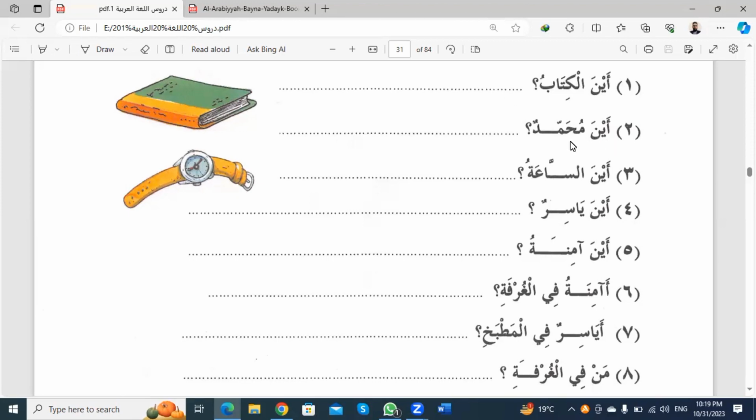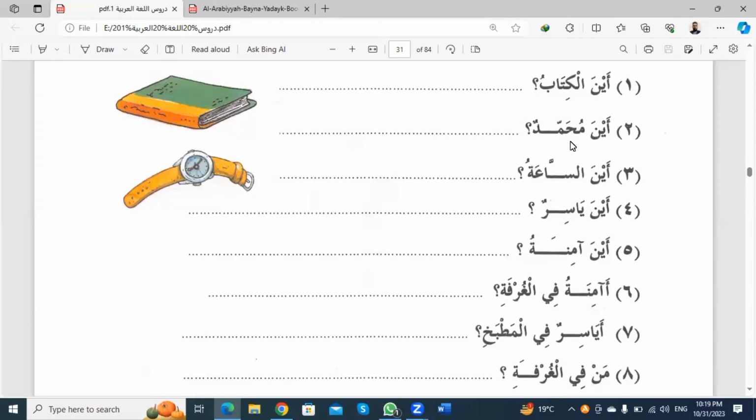أين محمد? Where is Muhammad? Name of anyone. So we can say huwa, he is in the class. هو في الفصل. What do we say for class? الفصل.